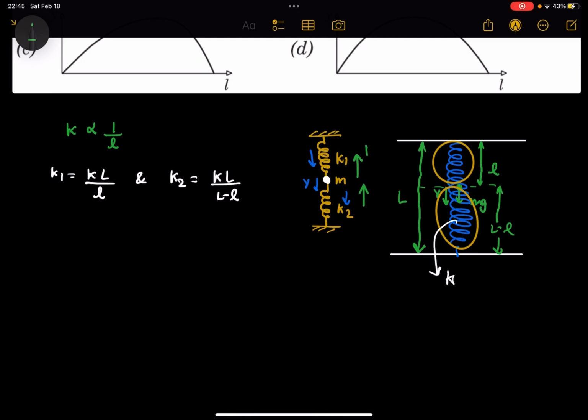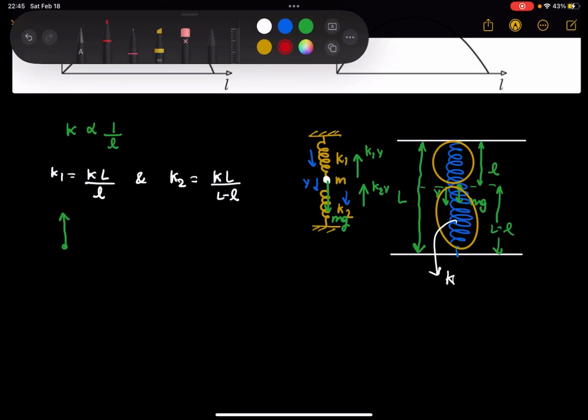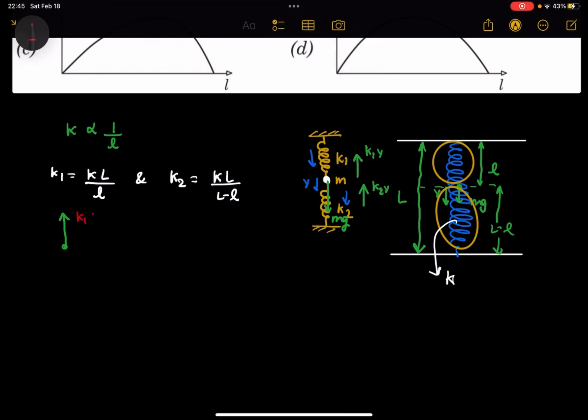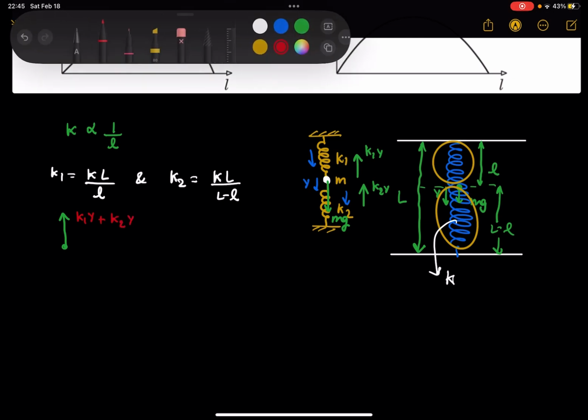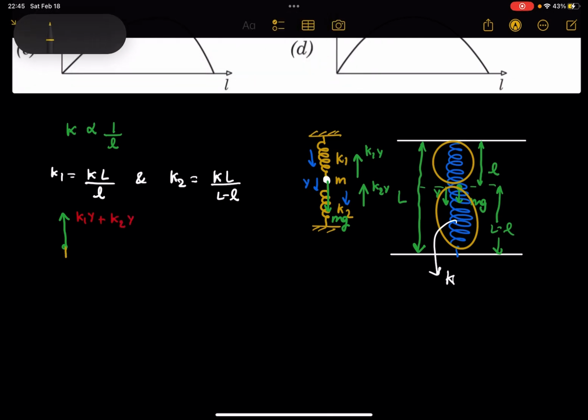So you can say that this is K1y and this is K2y. And in the downward direction, one force mg is acting. So if I draw the free body diagram, two forces act in the upward direction: K1y plus K2y. And the downward force is mg.